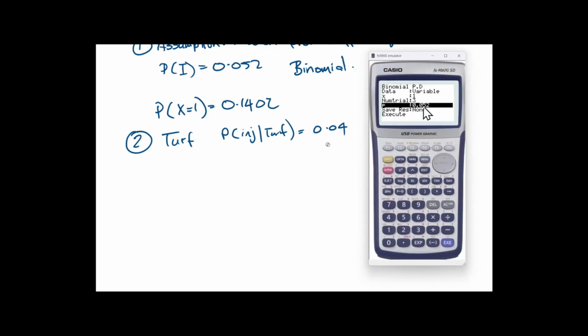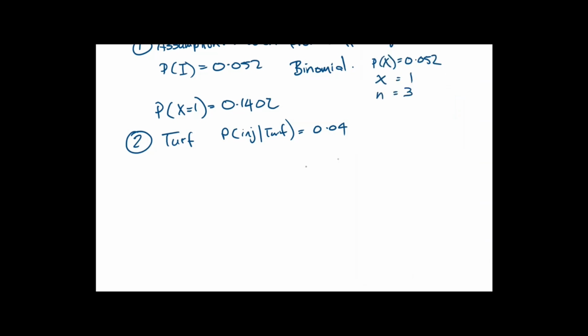The other thing that's changed is the probability, and it's going to equal 0.1106. So the assumption here is it's on turf.